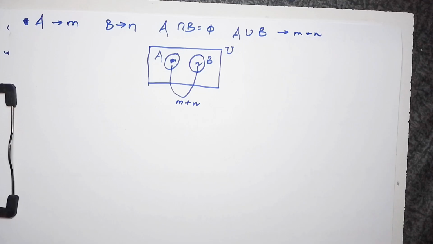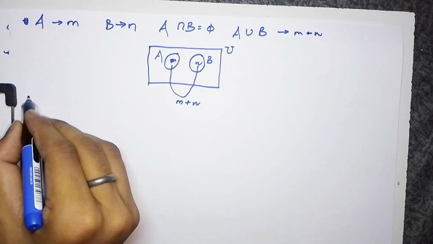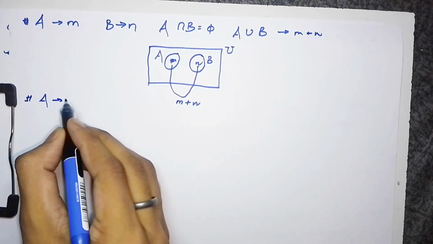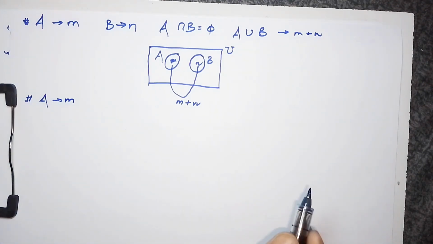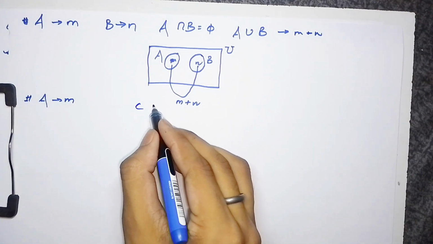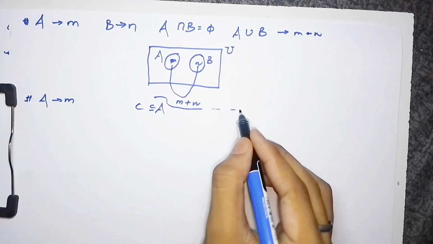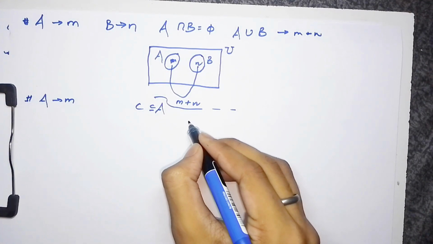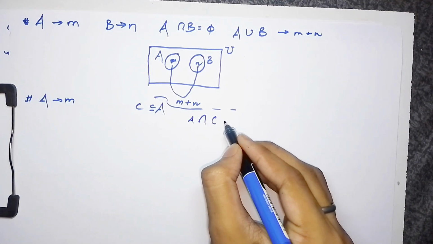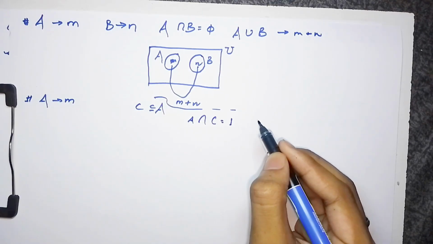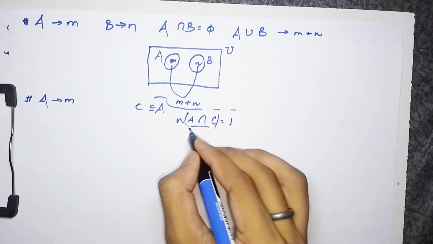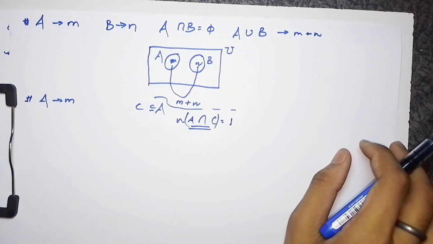Now suppose that we have one more theorem. Let's write that over here. Suppose there is a set A which has m elements, and we have a set C which is a subset of A, and both of them, A and C, have one element in common. The number of elements that are common in A and C is 1.